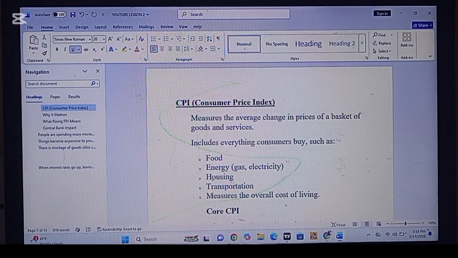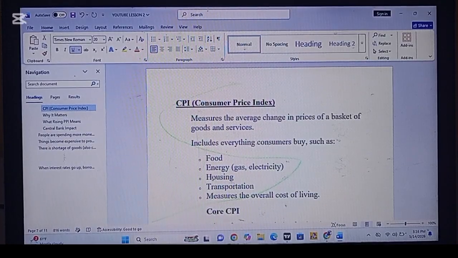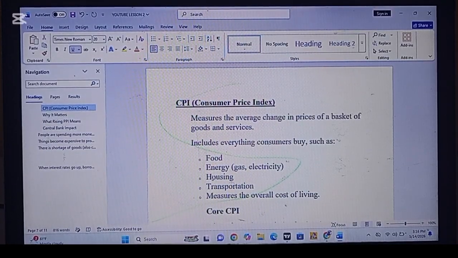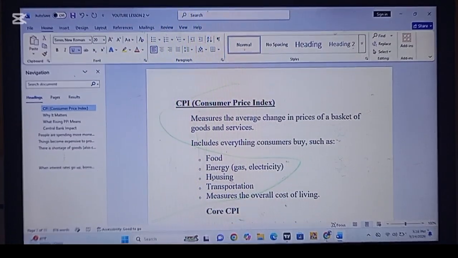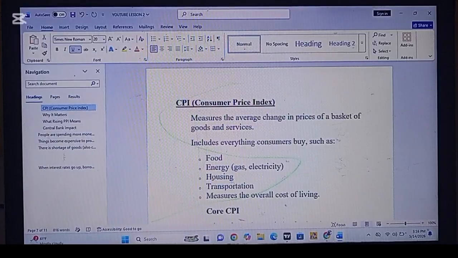I don't know if you're getting it. So when we have the data of core CPI month to month, those are all the prices of goods and services that a consumer takes, excluding energy and food.